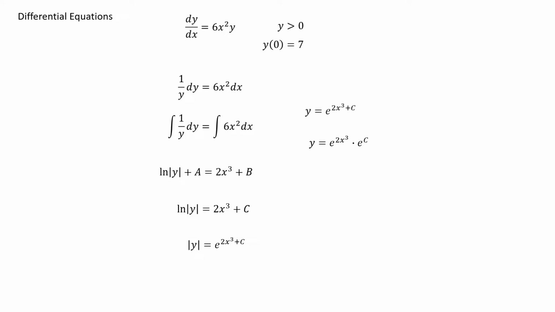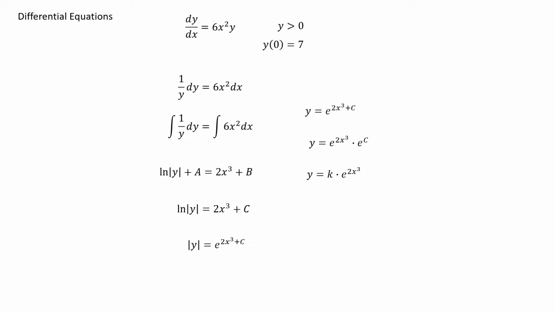But remember, c is just some constant. e is 2.71 something, as you'll recall. 2.71 raised to some constant power is itself just some constant. I'll give that constant another name. I could call it d to go alphabetically, but the tradition here is to call it k for no particular reason. And so I've rewritten e to the constant as some other constant, and I now have a more traditional solution to this differential equation.